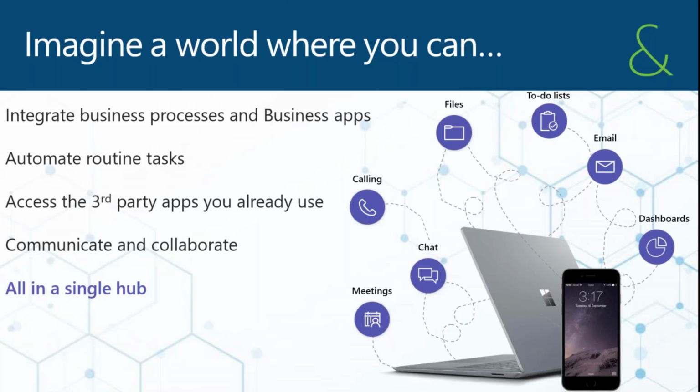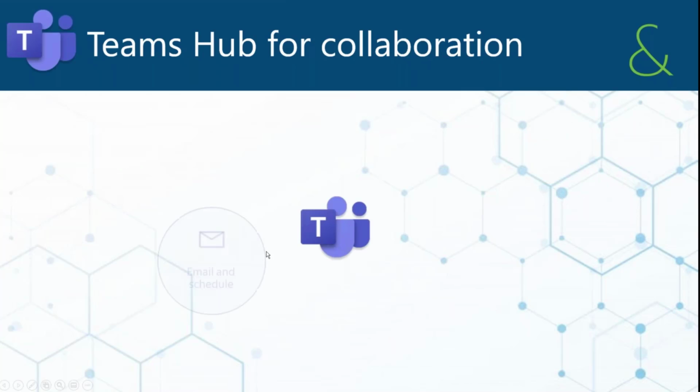So you can integrate your business processes. You can do things like Power Automate to automate tasks. Third-party apps, last time I checked, it was over 1,000. So it's probable that something you're using today, there's an app for that you can plug right into Teams. Again, keep people in that one app, make them more productive. Communication, collaboration, again, all in one location.